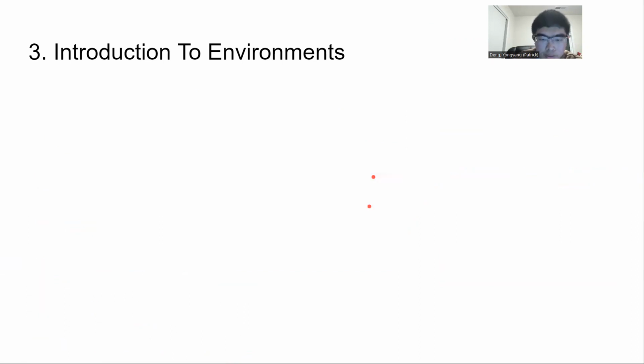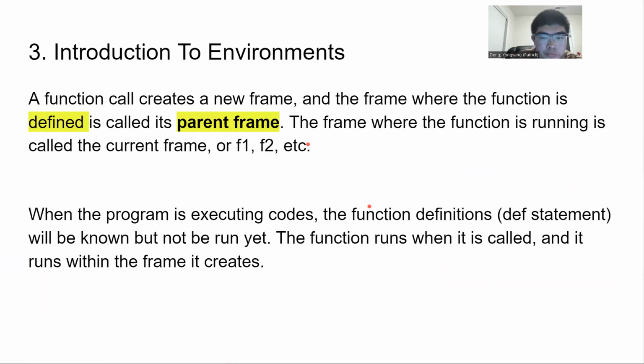Okay. So the frame where the function is running is called the current frame. We may create some new frames and stack them, and then we'll have frame 1, frame 2, etc. When the program is executing code, the function definition will be known.